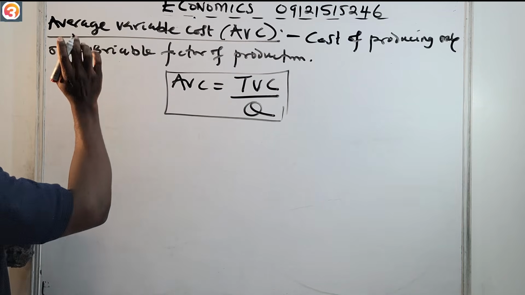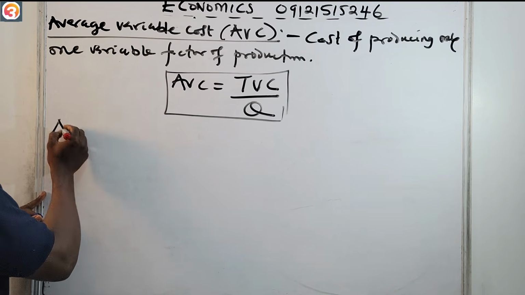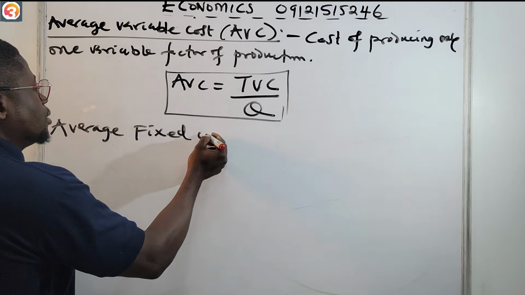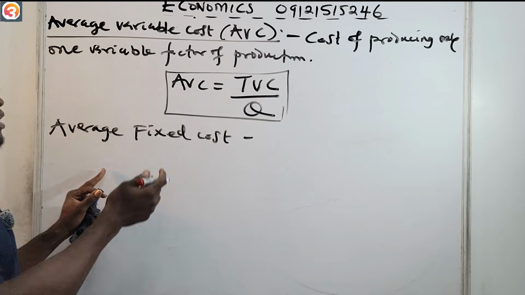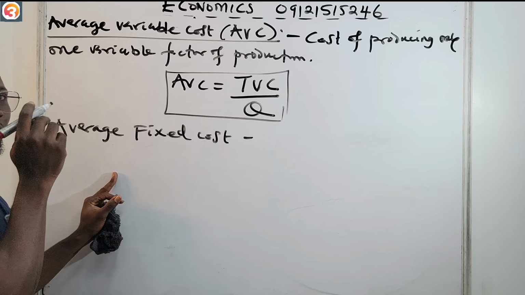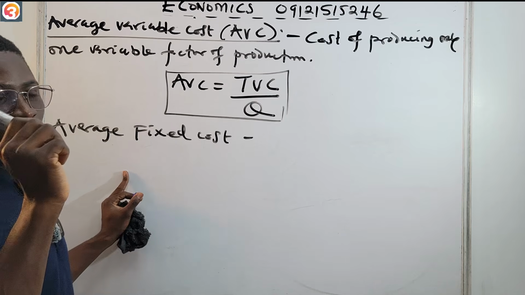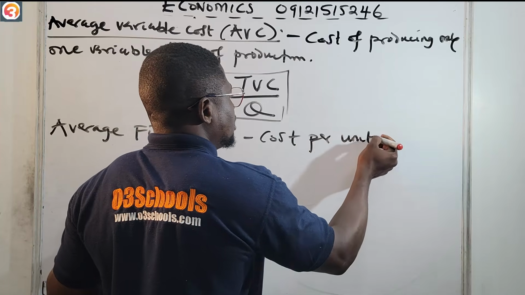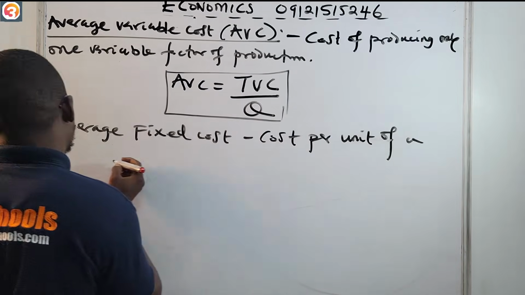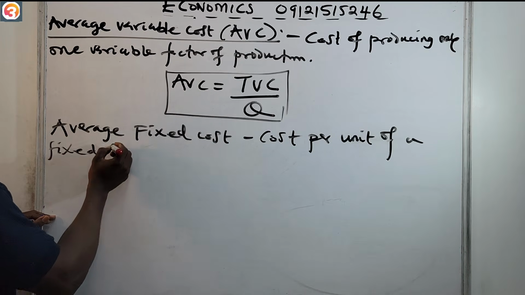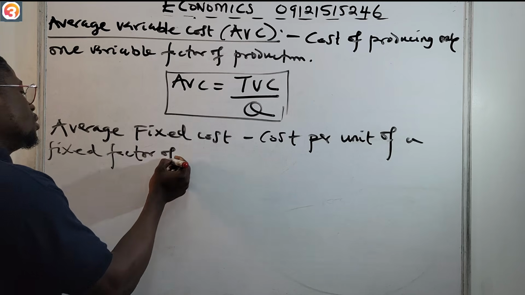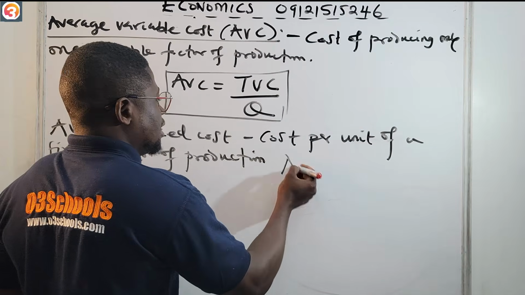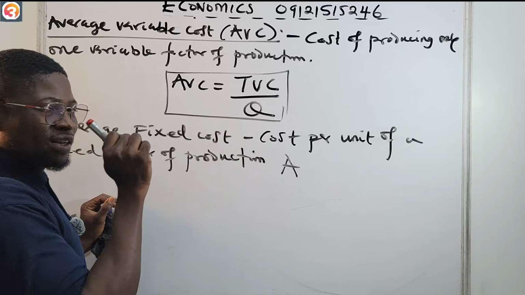They also have average fixed cost. In the same vein, this is the cost per unit of a fixed factor of production, or the cost of producing only one fixed factor.